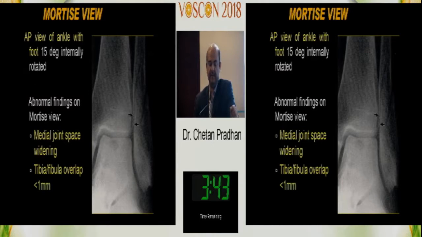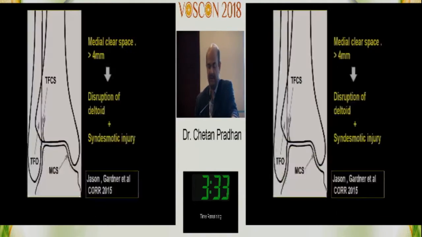Traditionally, we have been taking the Mortise view in which if there is a medial joint space widening and a tibiofibular overlap which is less than 1 millimeter, then it is a syndesmotic injury. Three indices which are used, or were used, to diagnose this: the tibiofibular clear space, the tibiofibular overlap, and the medial clear space.